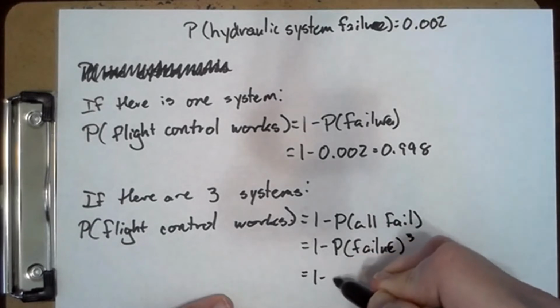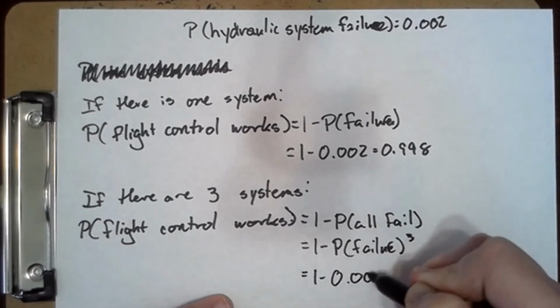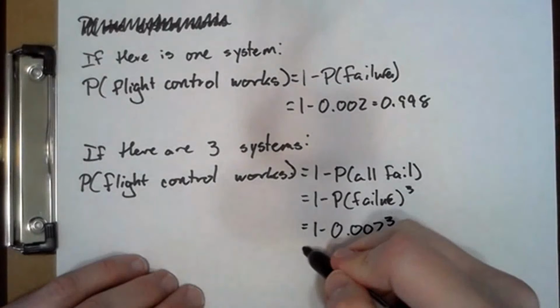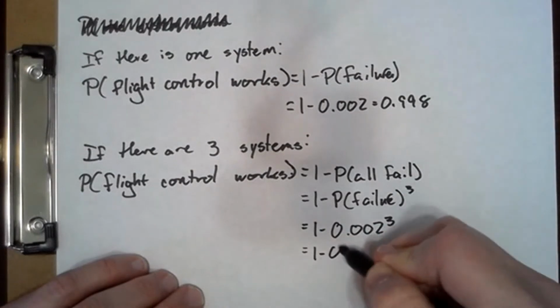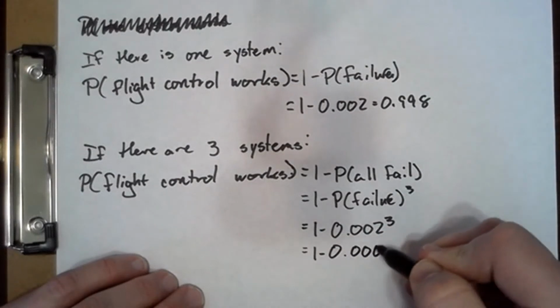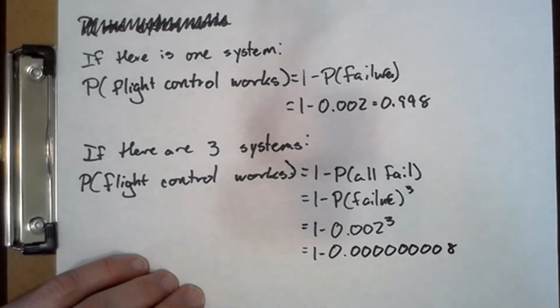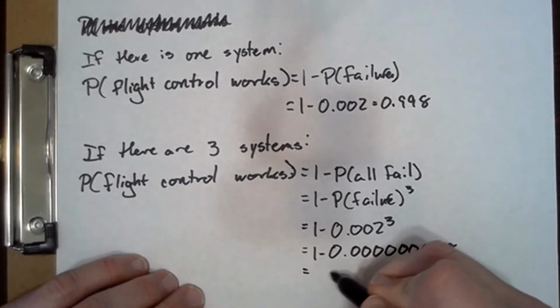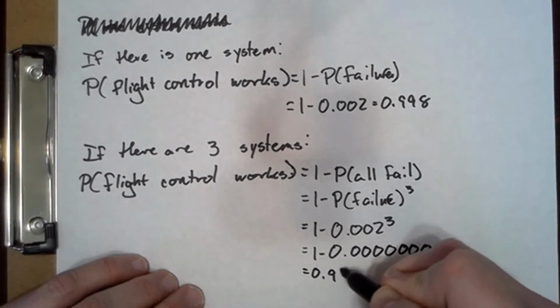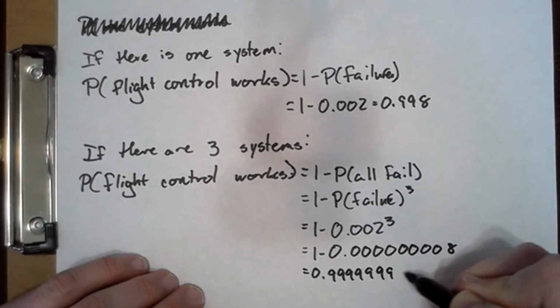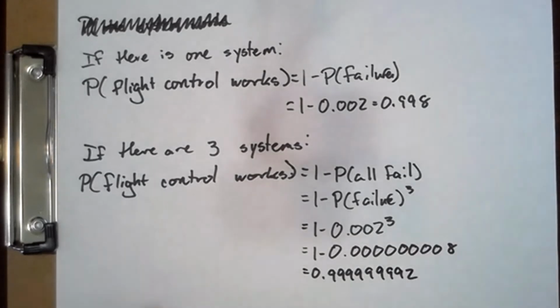So that's 1 minus 0.002 cubed, which is 1 minus 0.000000008, which is, of course, 0.999999992.